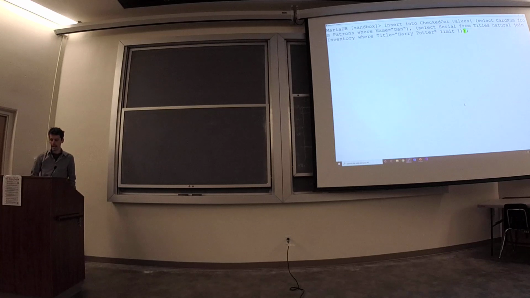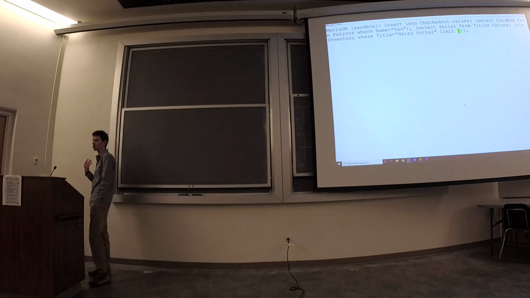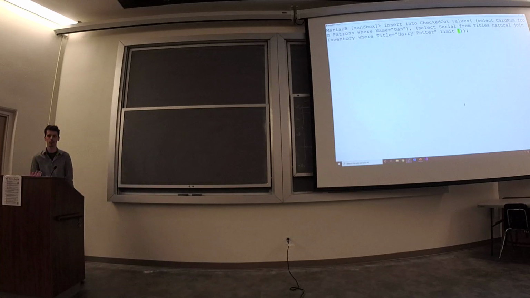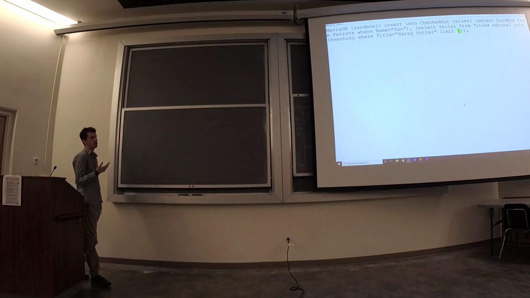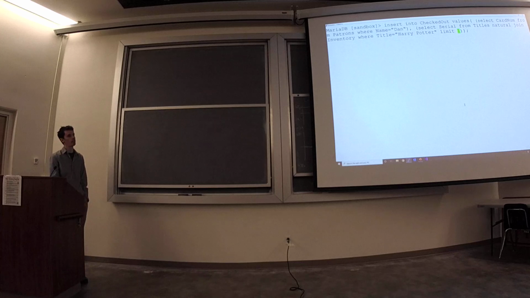We could add an additional condition to this, or a join, where we look at the checked out table. We could do something like where serial not in, select serial from checked out. I'm not going to actually write that out though, because that is very similar to something you'll be doing in Homework 4. But I did kind of basically just give the answer.